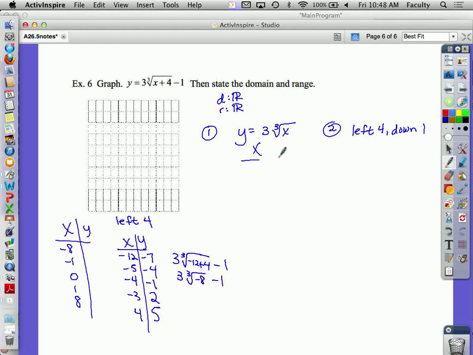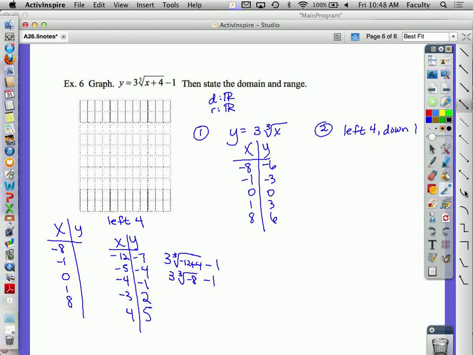For those of you that want to do it this way, and again, I'm giving you 2 options here, and you do whichever one makes more sense to you. So if you liked this one, then you're just going to shift every point left 4, down 1, okay? Your choice. All right, we're definitely going to have to go by 2s here.